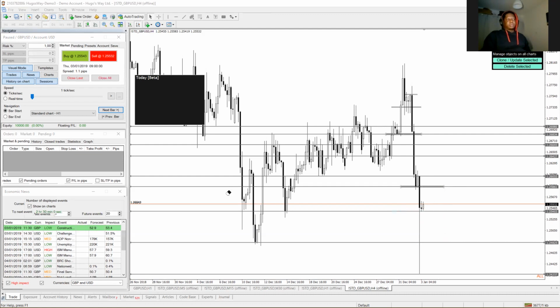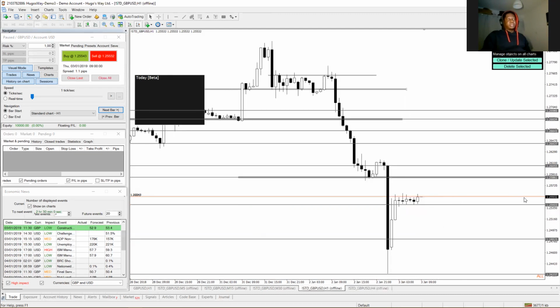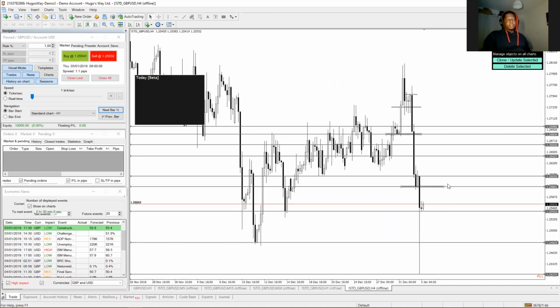So if we now clone this and go to the hourly just to adjust the chart a bit, we can push this to the upside here. Did I clone everything? I think I did.